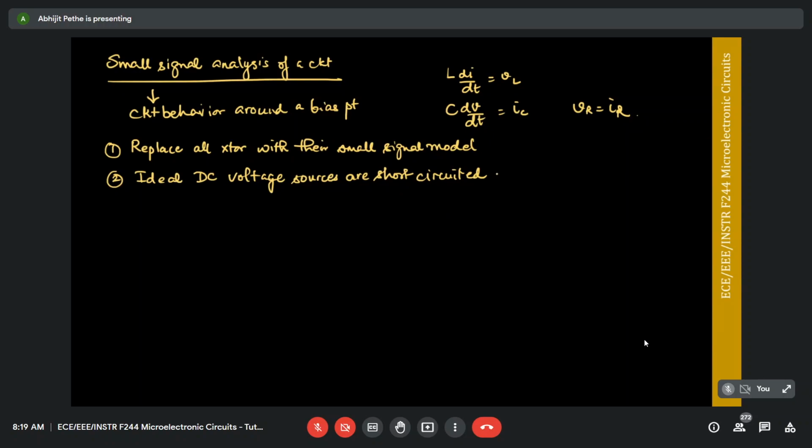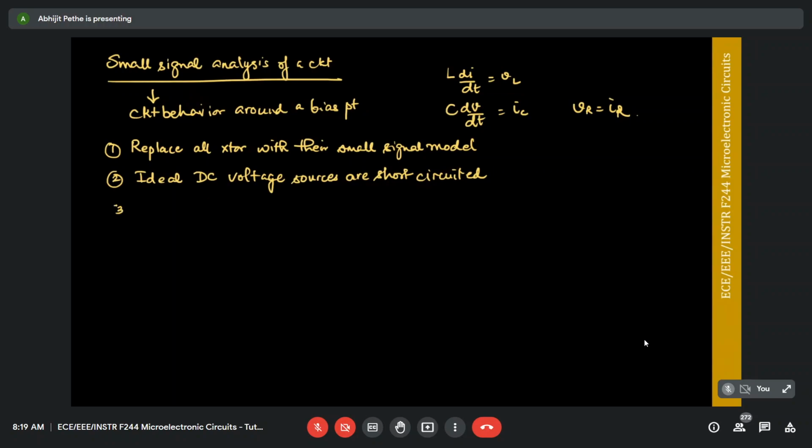And why is that? As we looked at before, when we look at the supply, because you've kept that node at a DC voltage, there is no fluctuation because of the AC signal. So that node essentially looks like a ground when you're doing AC small signal analysis.